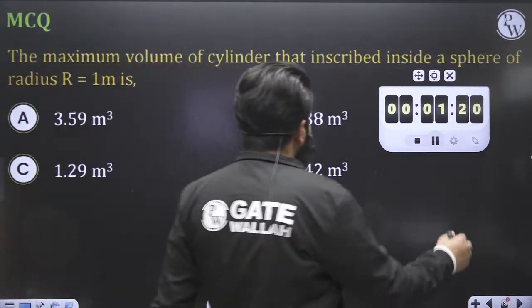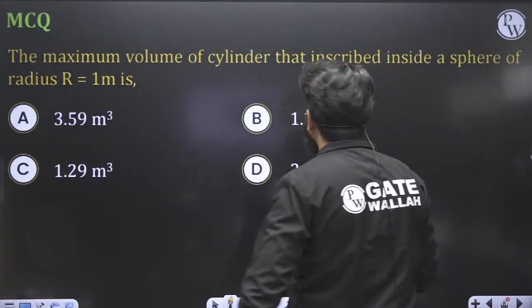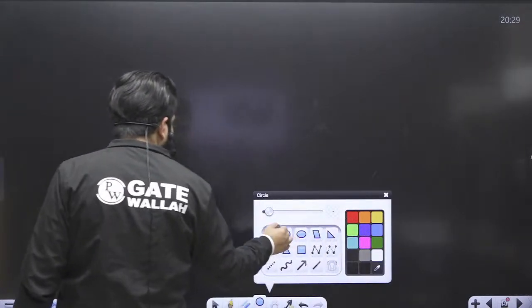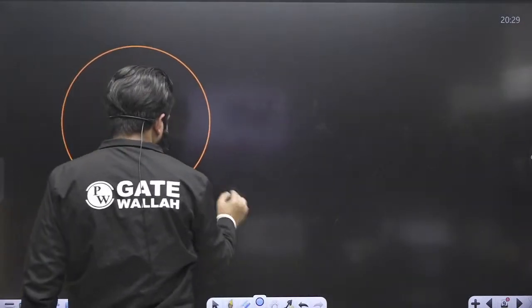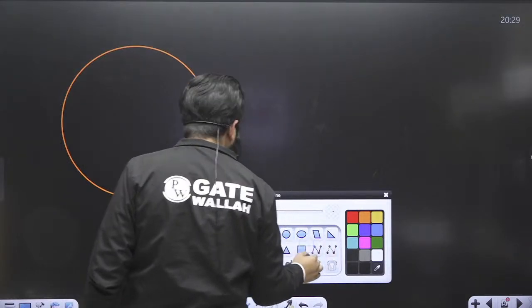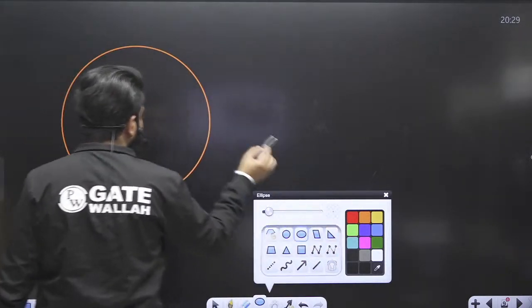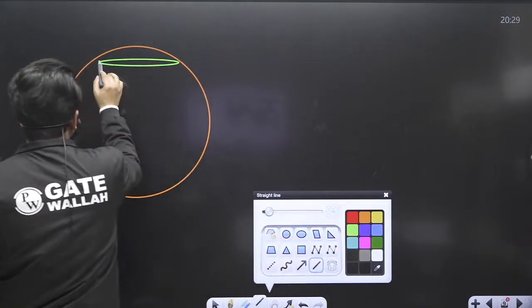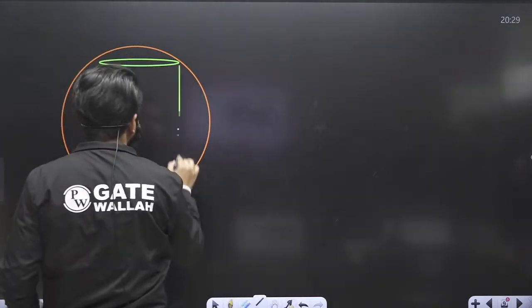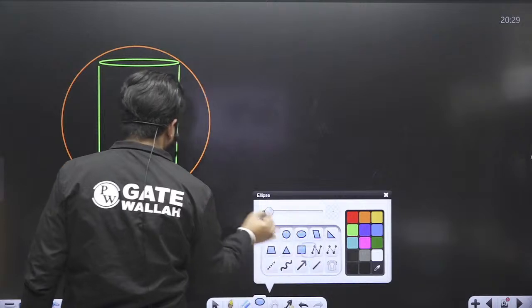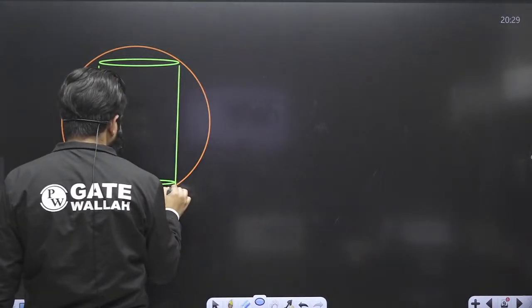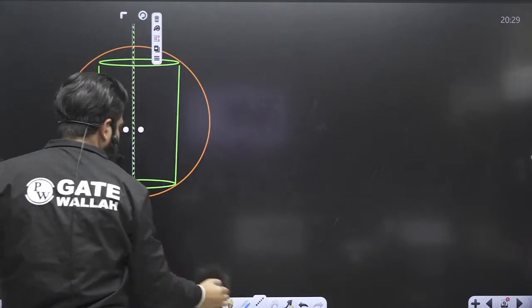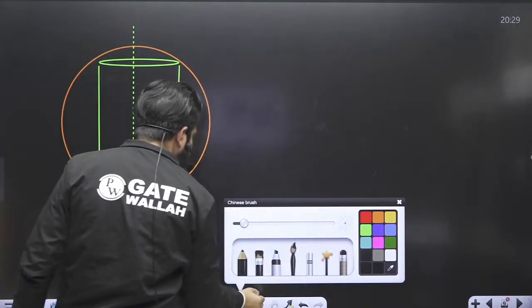Fine. So let us start making the diagram at least. Maximum volume inside the cylinder. So this is the sphere, and let me make the cylinder first. So this is the cylinder that is present inside it. What will be this distance?